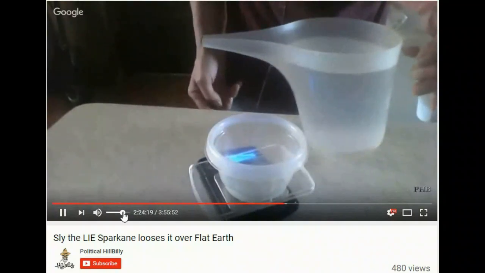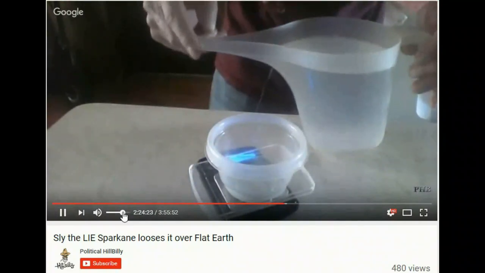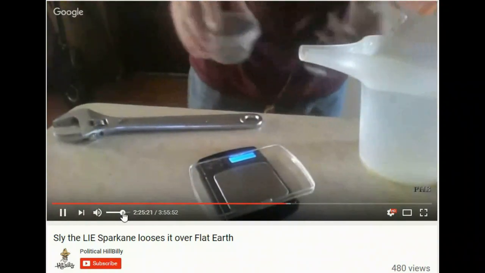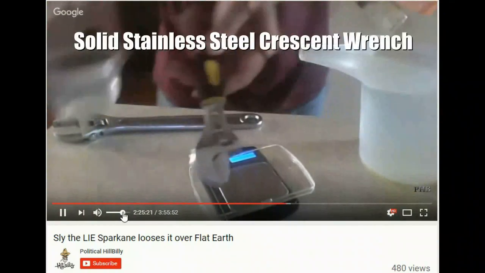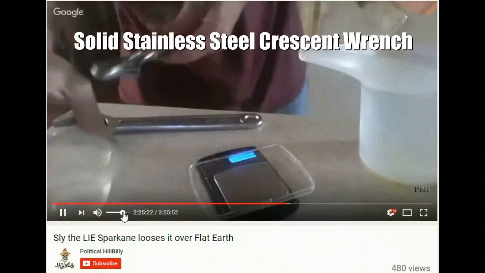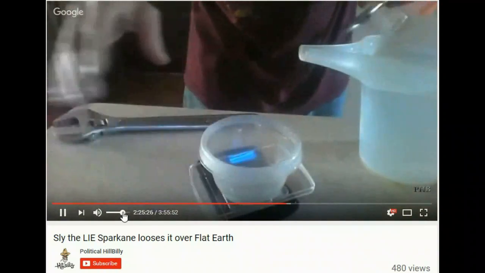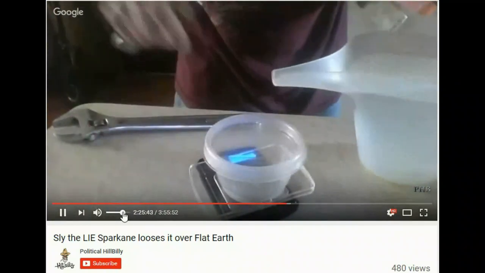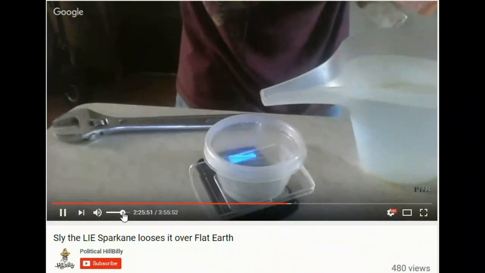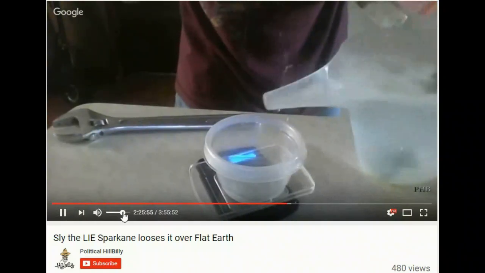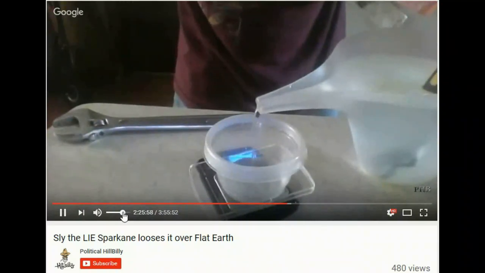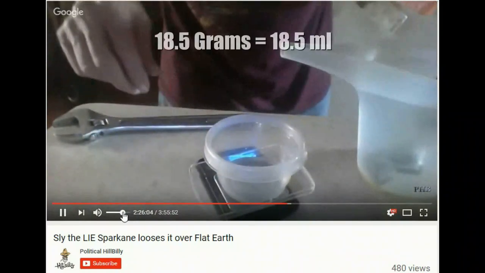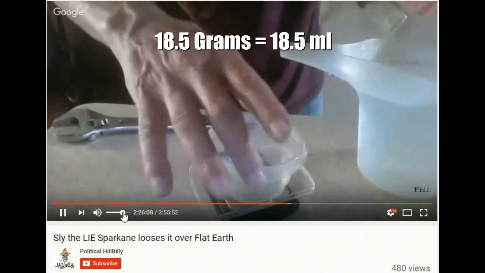So I'm going to have to tip it just a little bit to get the water ever so close to the edge with none spilling out. 18.5 grams. Sounds awful light. Let's find out.